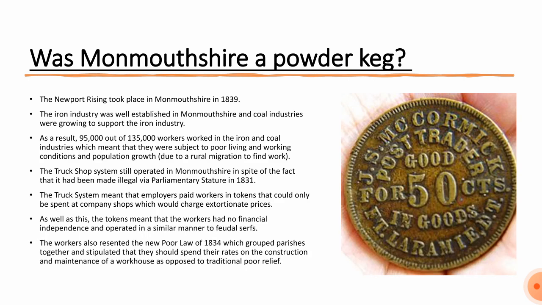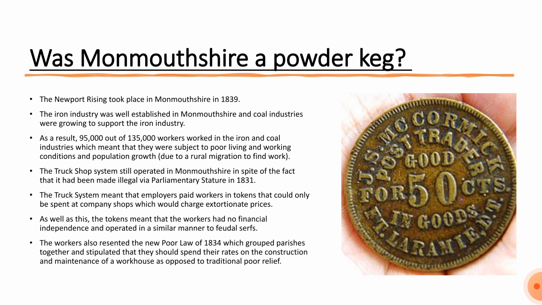So, was Monmouthshire a powder keg? The Newport Rising took place in Monmouthshire in 1839. The iron industry was well established in Monmouthshire, and coal industries were growing to support the iron industry.